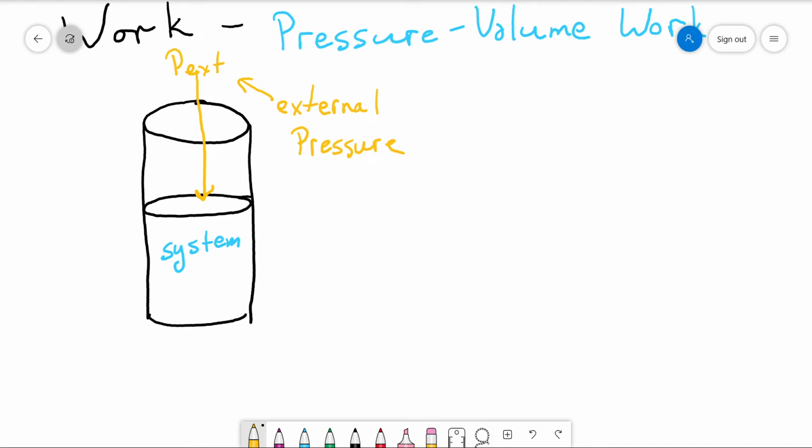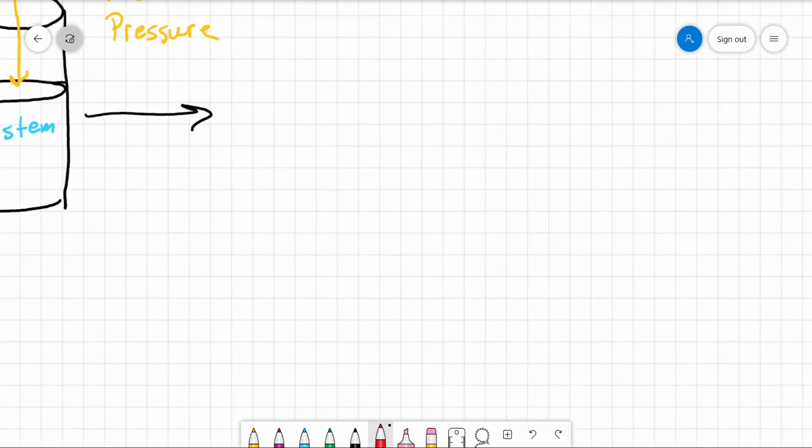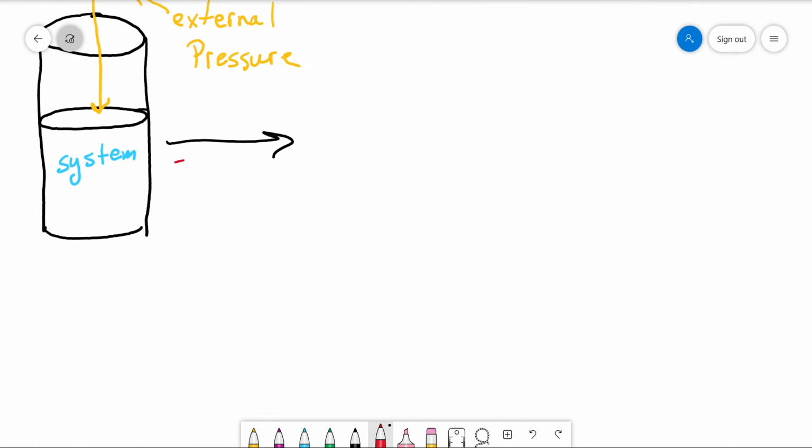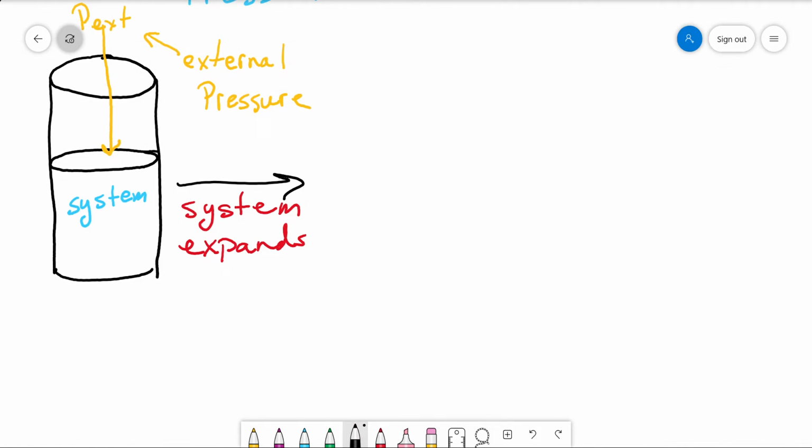But anyway, the problem usually defines what they're talking about. So we're going to say here that the system expands. Okay, and let's not worry about why it expands. Let's just say that it does expand.